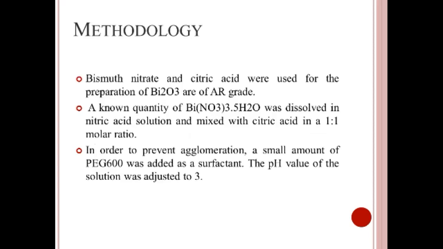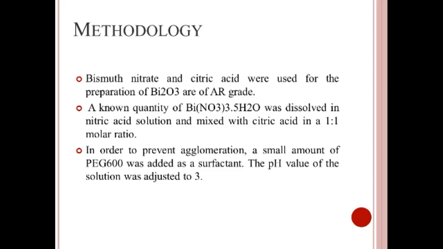Then there is the methodology, how bismuth oxide nanoparticles were prepared using the sol-gel method. Bismuth nitrate and citric acid were used for the preparation of bismuth oxide nanoparticles. In this process, a known quantity of bismuth nitrate pentahydrate was first dissolved in nitric acid solution, and then it was mixed with citric acid in a molar ratio of 1:1.